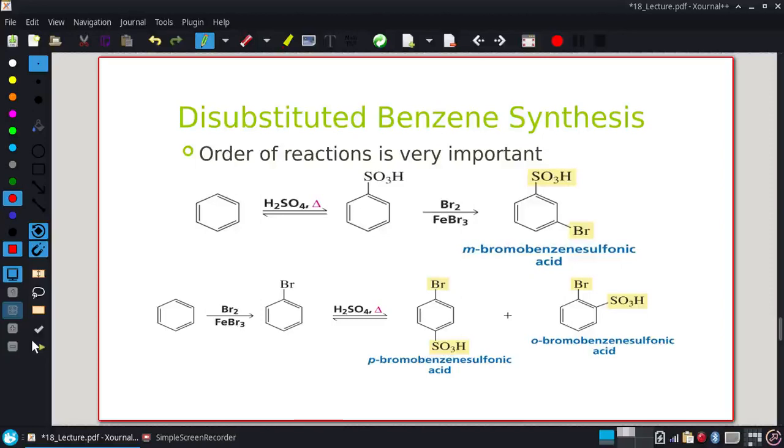But if I reverse the order, put bromine on there first, since bromine is an ortho-para director, we get both the ortho and para version of that same bromobenzene sulfonic acid.